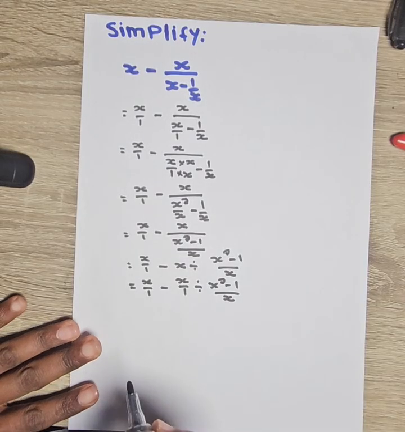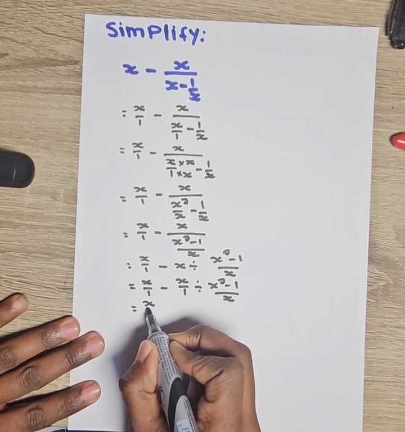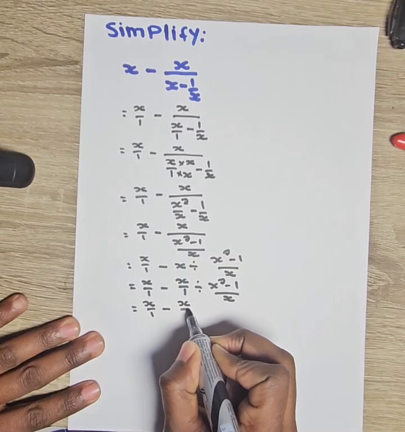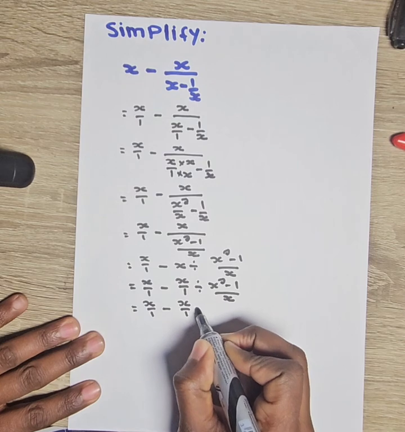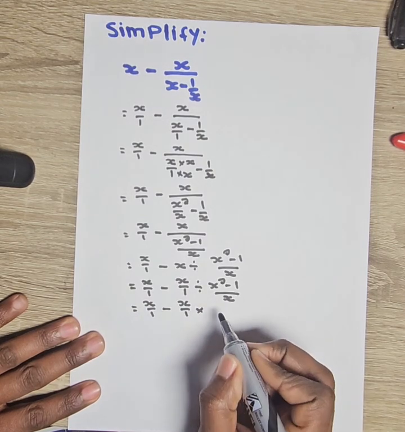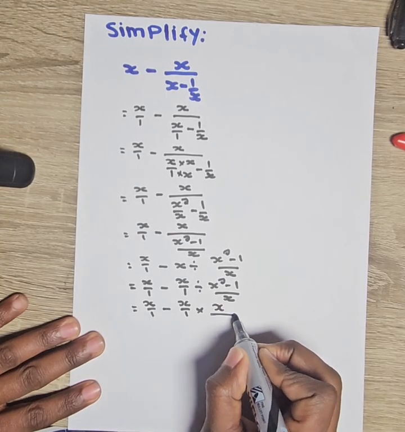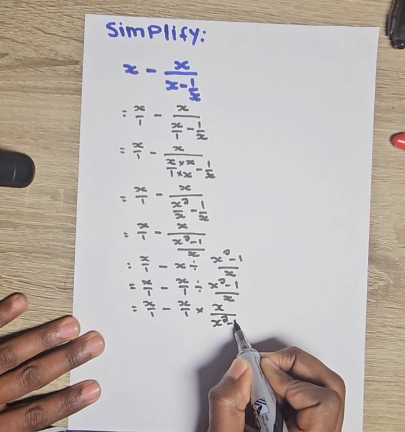What are you going to do now? This equals x over 1 minus x over 1. Change the division into multiplication, and then convert to the fraction you are dividing by. So therefore x squared minus 1 will come down.